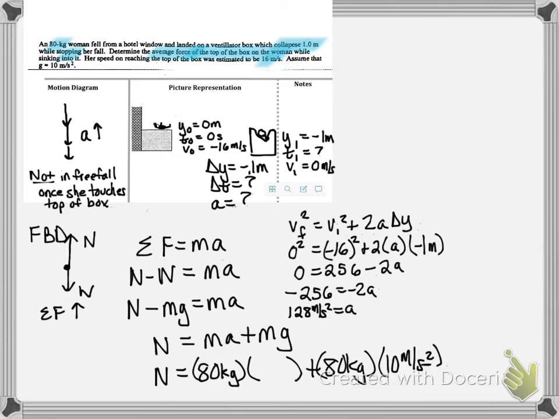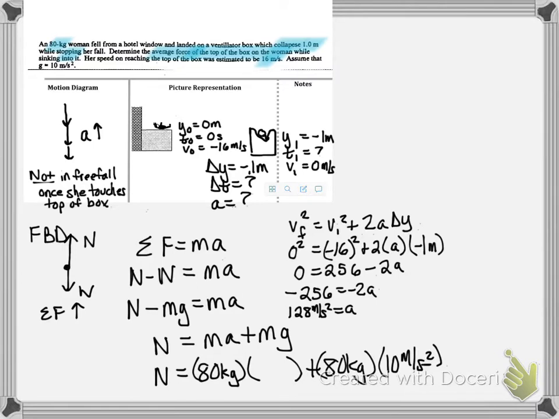Bring the 256 to the other side by subtracting, so -256 equals -2a. Look how great that is. A negative divided by a negative when I solve for a gives me a positive number for acceleration, which I'm happy about because my acceleration vector points up.